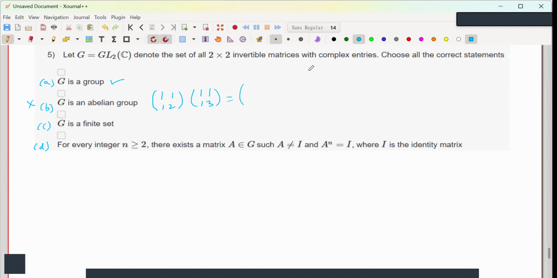AB will be 2, 3, 4, 7, and BA will be 2, 3, 4, 7 in the other order, which is not equal. So this is not an abelian group. Are both of them invertible? Yes, one has determinant 1 and the other has determinant 2. So both of them are invertible.